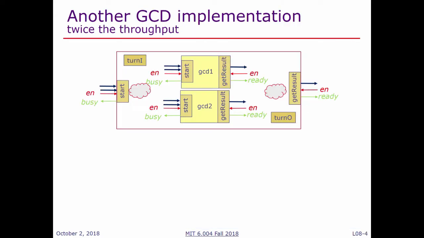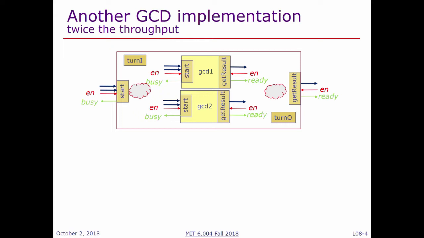All right. Now let me show you the power of abstraction. So we have defined this interface for GCD, and what I want to do is have another implementation of GCD. And furthermore, I want to use the GCD modules I have already defined. So the one I defined, I called it make GCD.